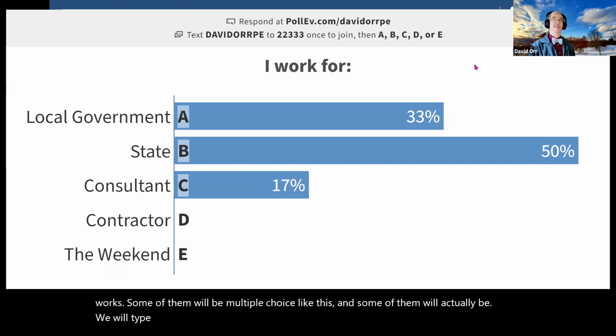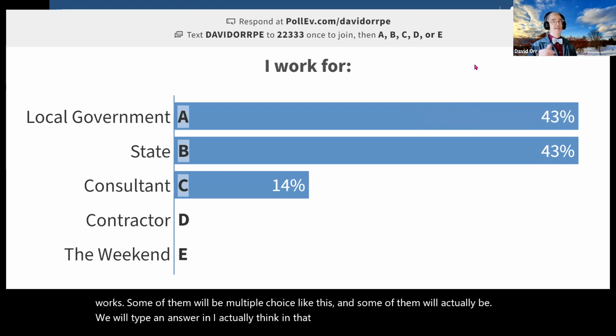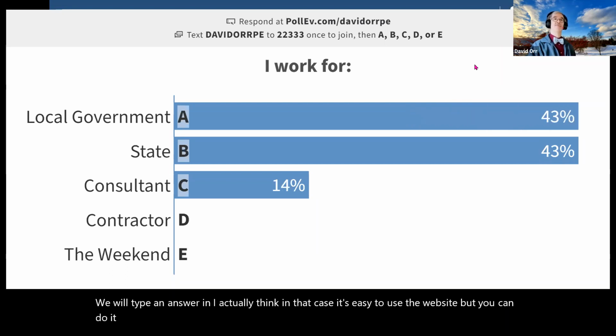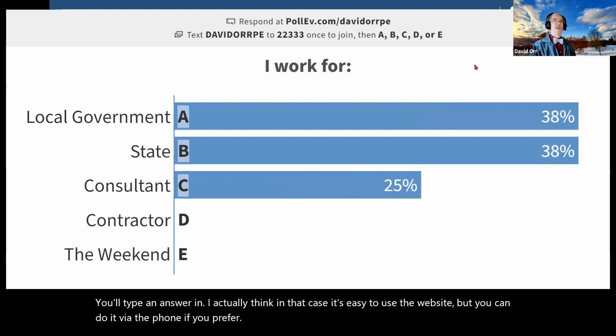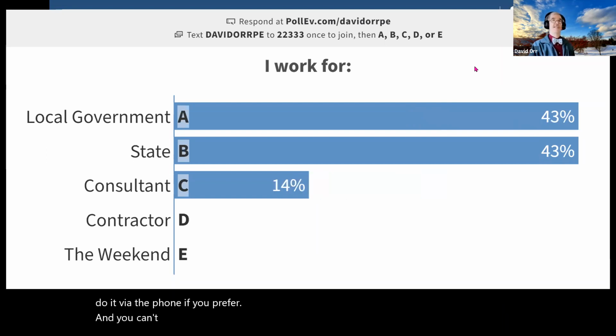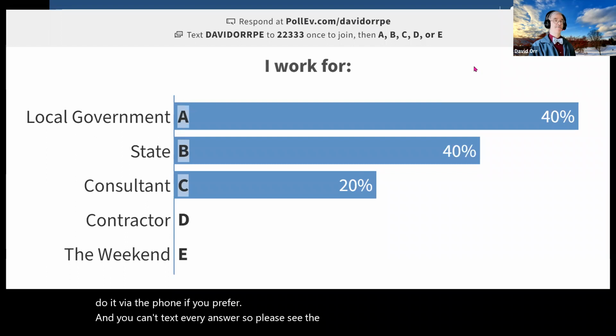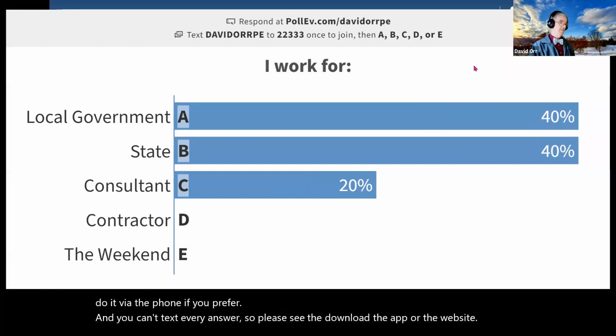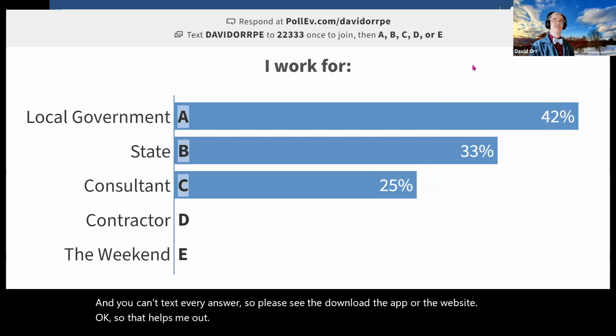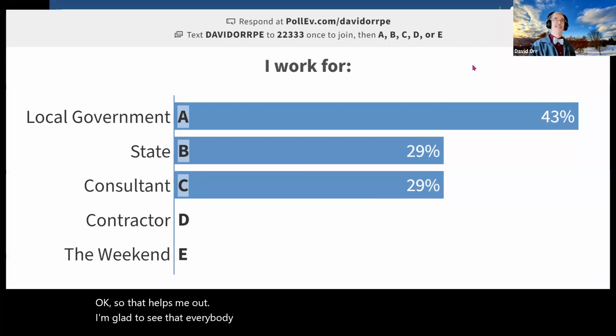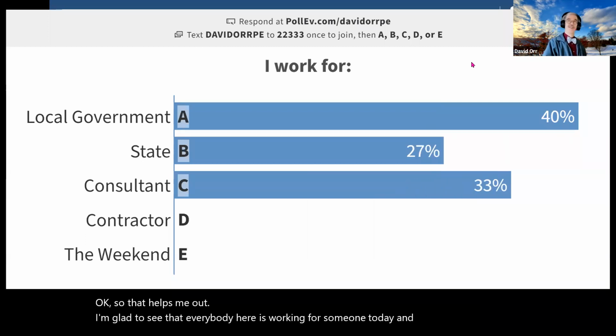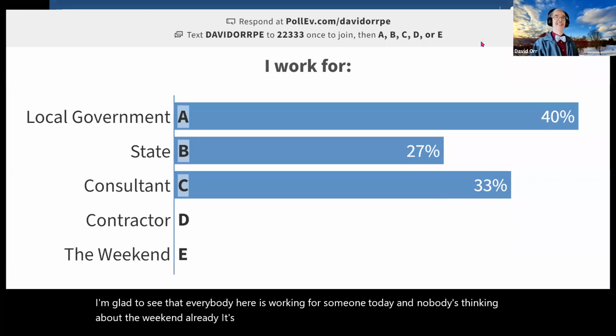I actually think in that case it's easier to use the website, but you can do it via the phone if you prefer. And you can't text every answer, so please either download the app or go to the website. Okay, so that helps me out. I'm glad to see that everybody here is working for someone today and that nobody's thinking about the weekend already. It's only Tuesday, but that's okay. We'll have a little bit of fun, hopefully.